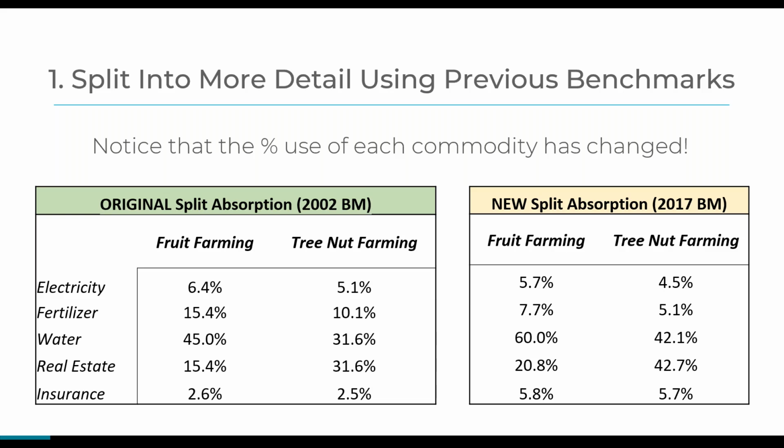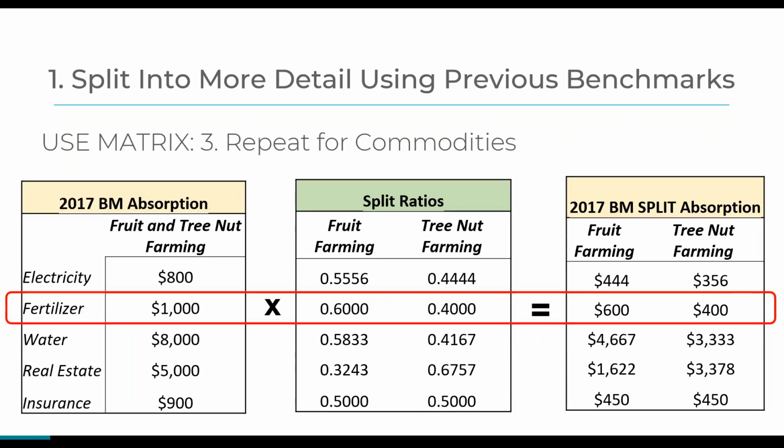Okay, so that's splitting the industries. Now we have to repeat the same thing for commodities. So now we have these two industries. We've already split them, but so you'll see on the right-hand side, we've split them. This is just the same slide from the previous one, because it just has the red lines around it. But I wanted to point out with this red box that they're both purchasing one commodity called fertilizer.